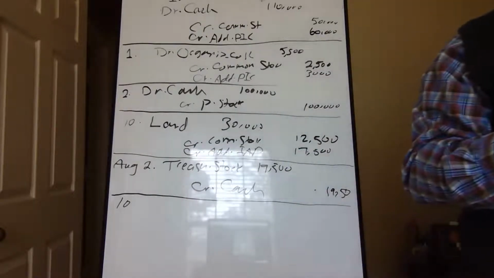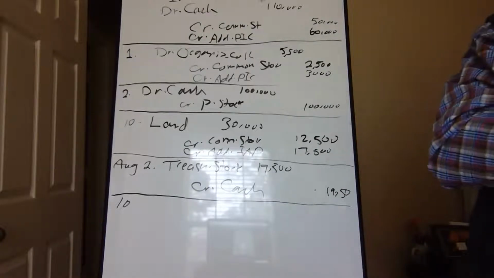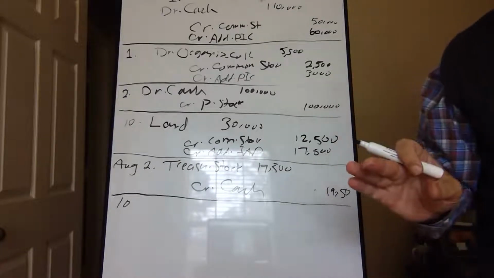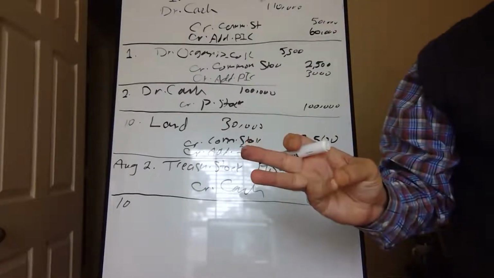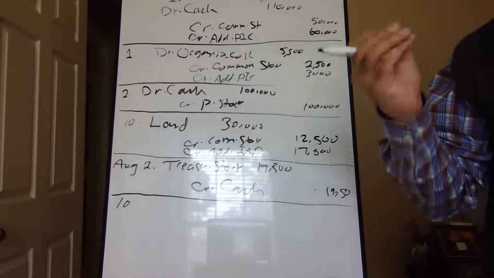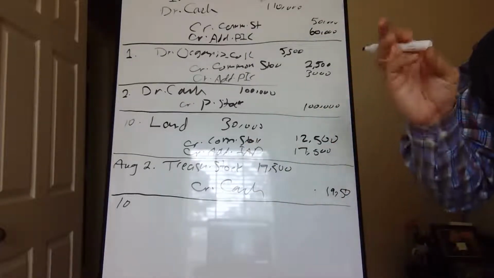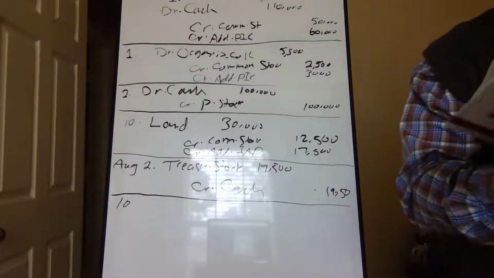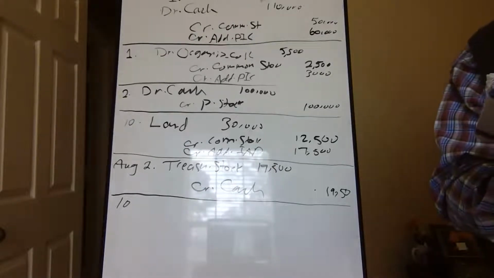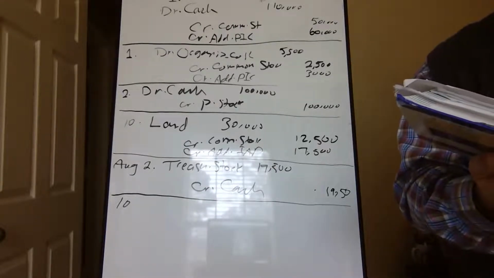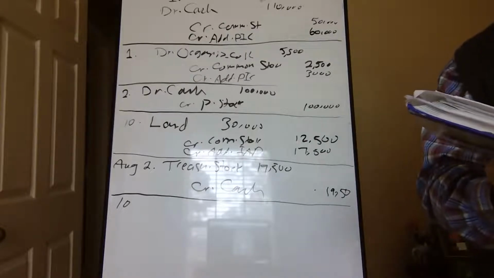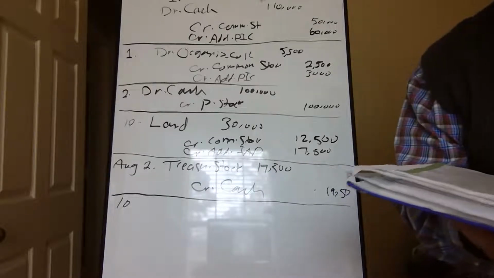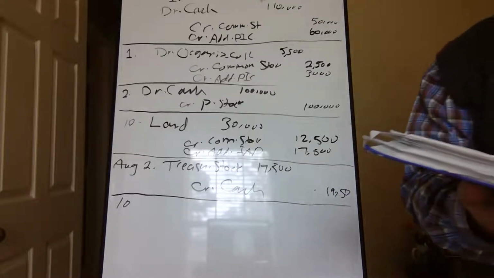Now remember, when we talked in the previous recording, there are 3 dates associated with the dividends: the declaration date, the date of record, and the payment date. In this problem, the declaration date is August 10th, the payment date is August 22nd, and the record date is August 12th.